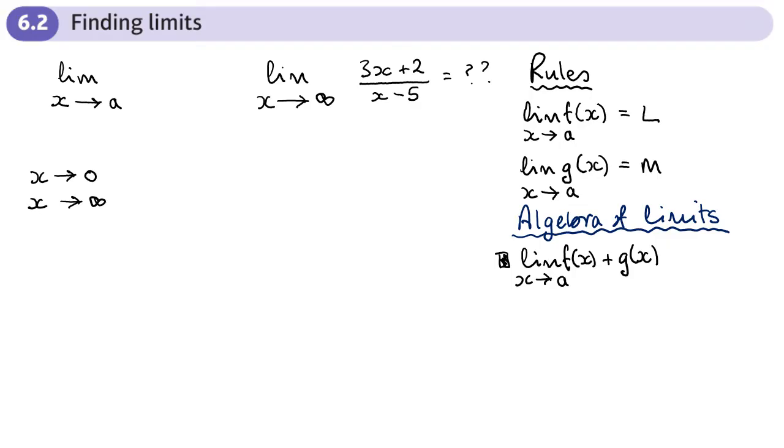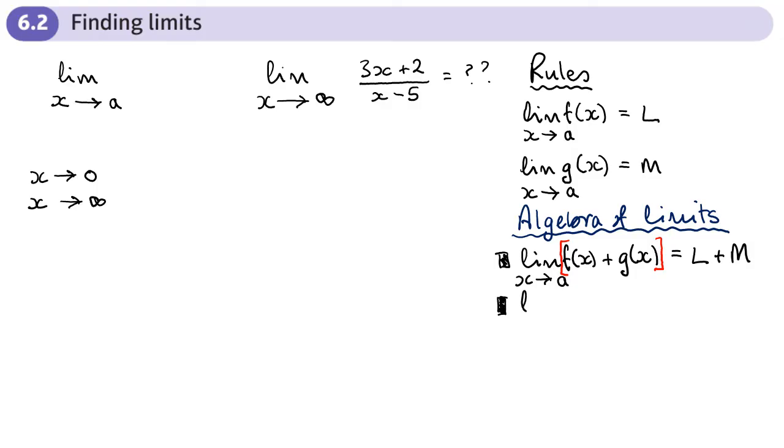So let's put some brackets in here. So it's the sum of the functions, and we find the limit of that. Well, that's just equal to the sum of their limits, so L plus M. So we sum the functions, find the limit of that sum, and it's equal to the sum of the limits of each individual function. Okay, so that's almost like the addition rule.